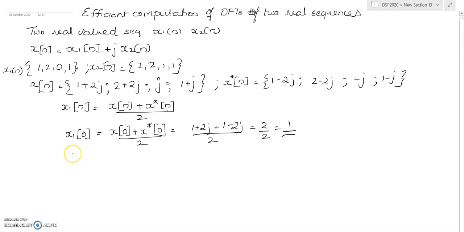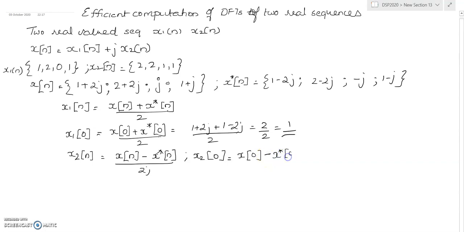Now to do it the other way, how to determine x2 of n, it will be given by this formula: x of n minus x conjugate of n, whole divided by 2j. Let's see how it works. If you want to find x2 of 0, which is eventually 2, we write x of 0 minus x conjugate of 0, by 2j.